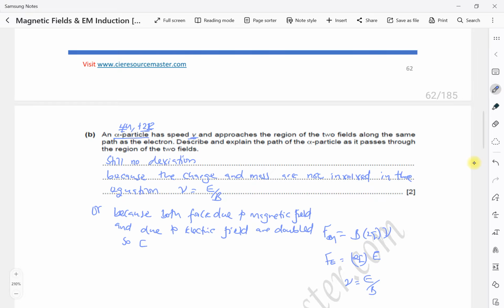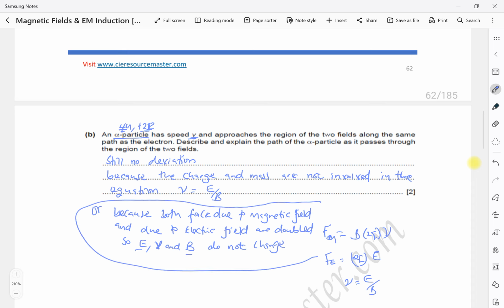So it means that E, V, and B do not change. When we change the charge, both the electric force and the magnetic force also change. They are both doubled because the charge is doubled. So it means there will be no effect on E, V, and B. Therefore, there will be no deviation still with an alpha particle.